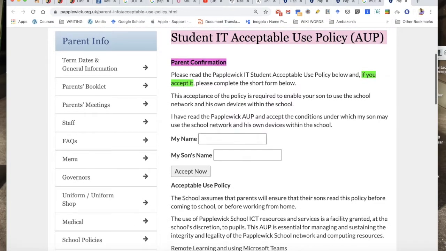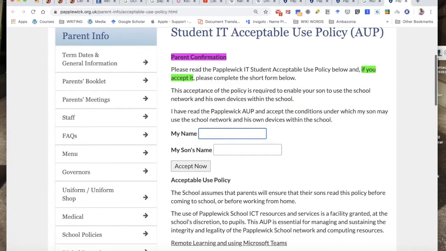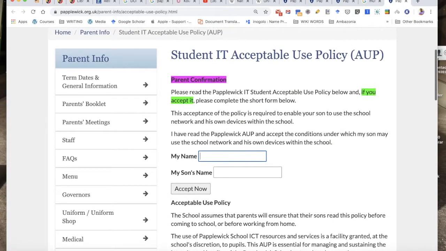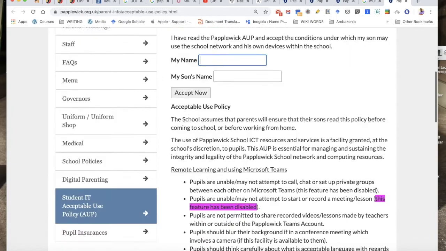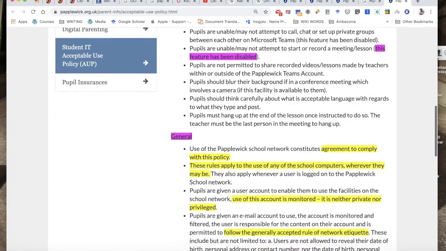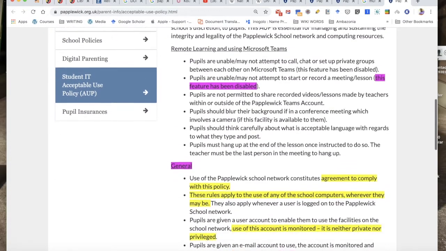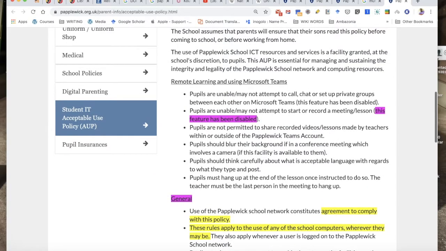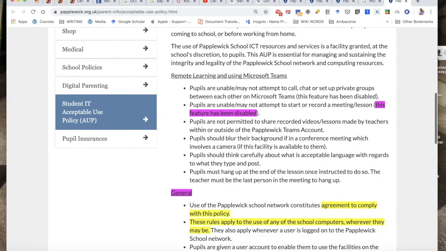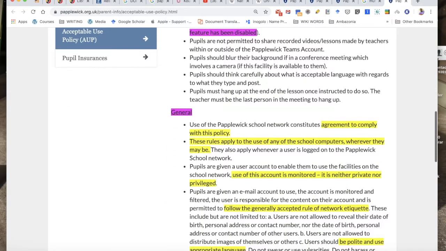So there's a consent form for parents to accept that they have read and understood the AUP, and then it introduces some specific things that need to be done. And then there are the general policies here.